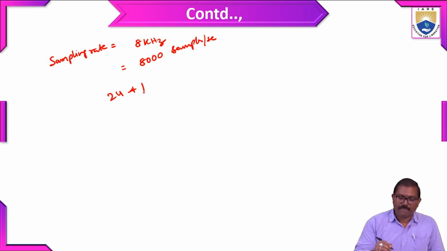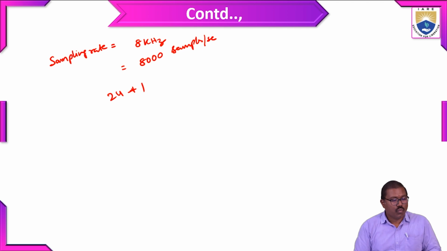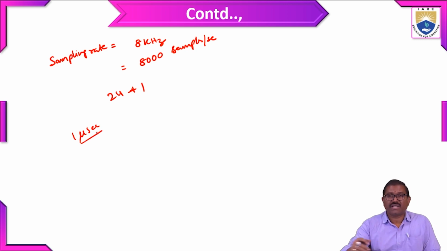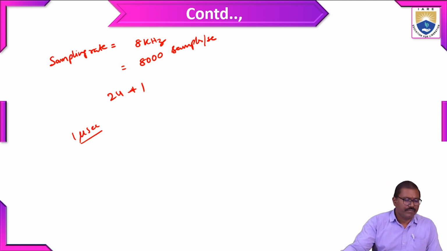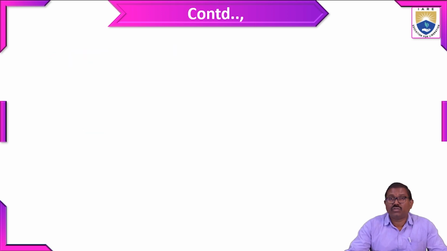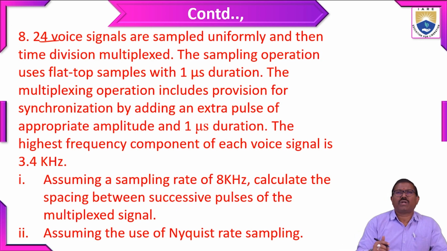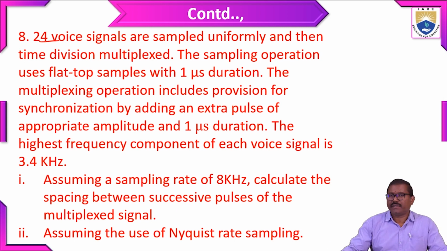And the pulse width of each voice channel and the synchronizing pulse is 1 microsecond. So this is the given data: 24 voice channels and 1 synchronizing channel, and the pulse duration is 1 microsecond.